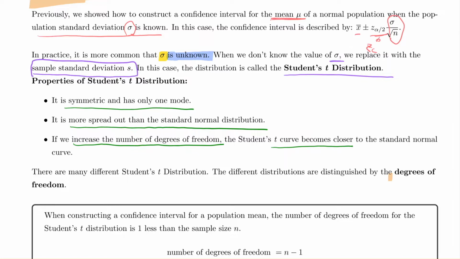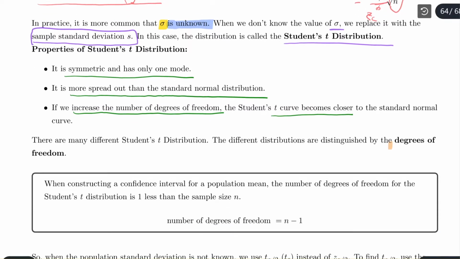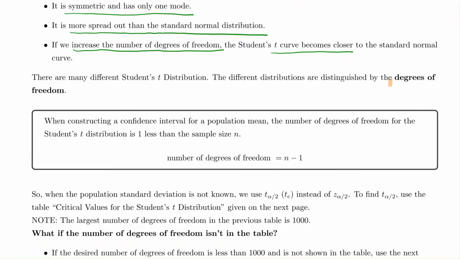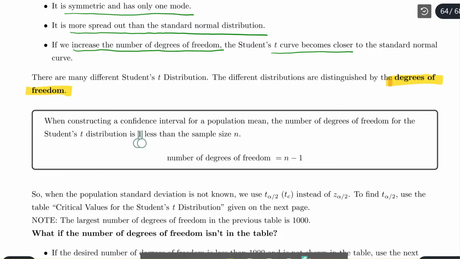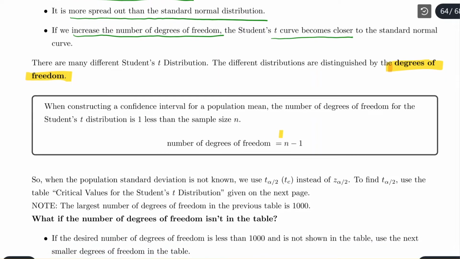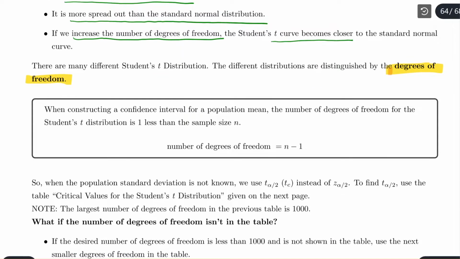There are many different student t distributions, distinguished by degrees of freedom. So what is degrees of freedom? When constructing a confidence interval for the population mean, the number of degrees of freedom for the student t distribution is one less than the sample size n.